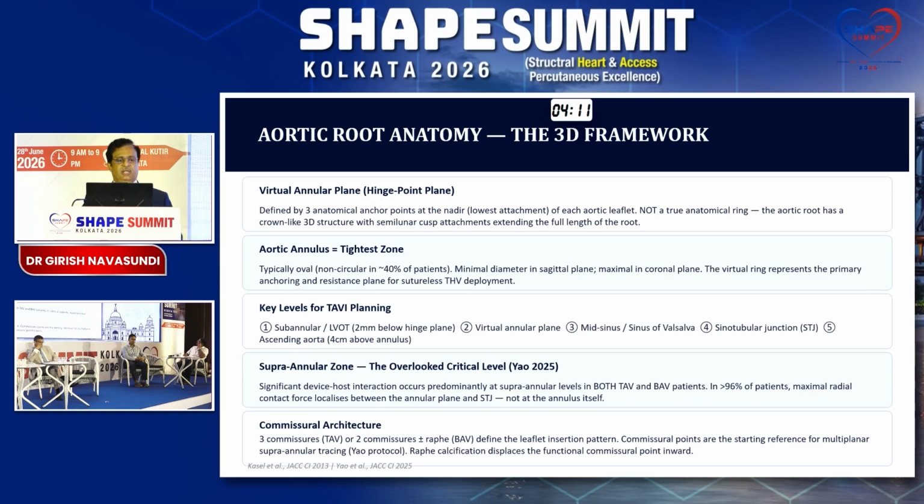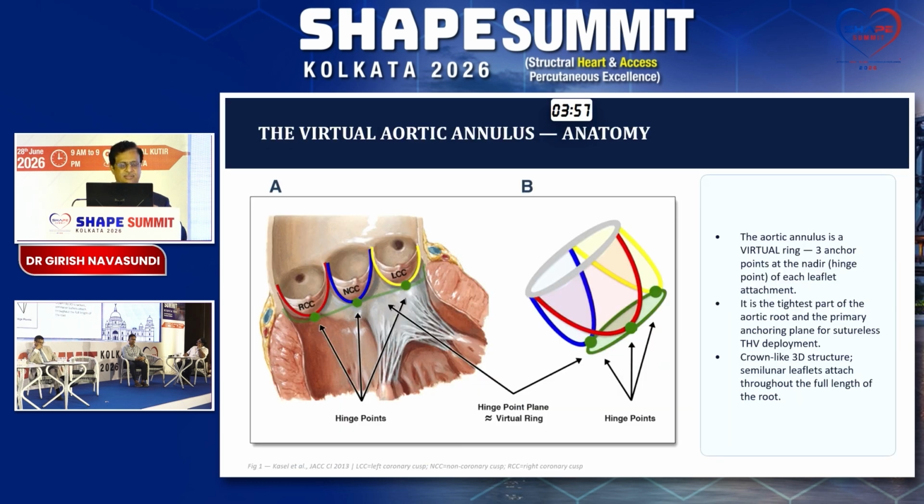Now coming to the aortic root anatomy, I think all of us have looked at it very beautifully. It may become repetitive, but I'll still look at the hinge point planes. Look at these three bottom points, the nadirs, the hinge points, then the hinge point plane.